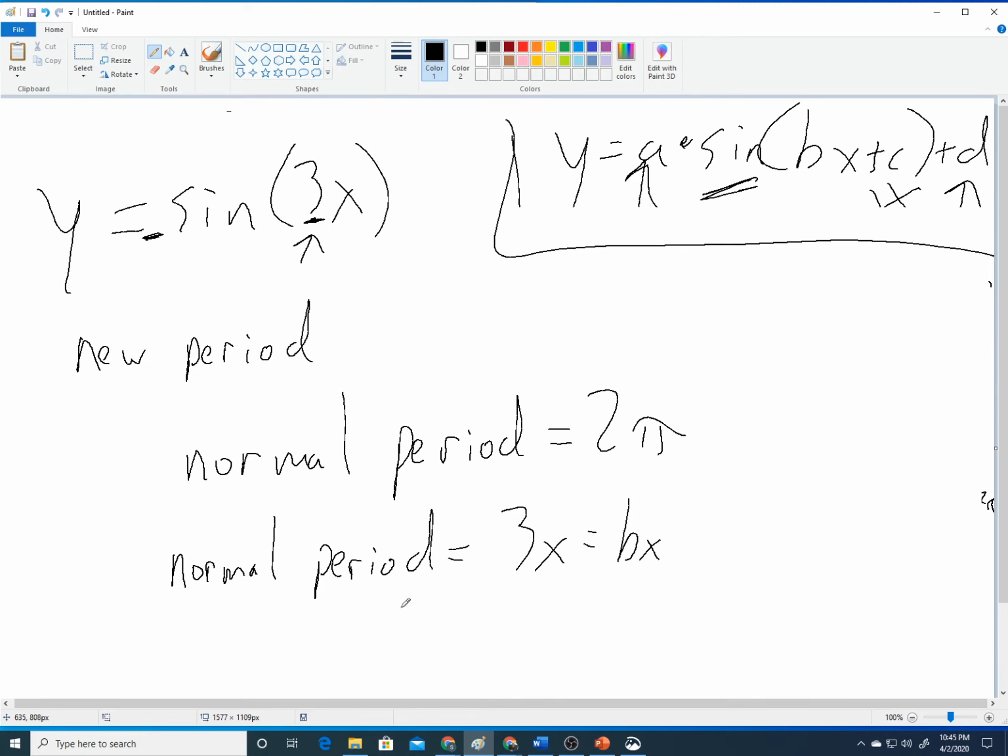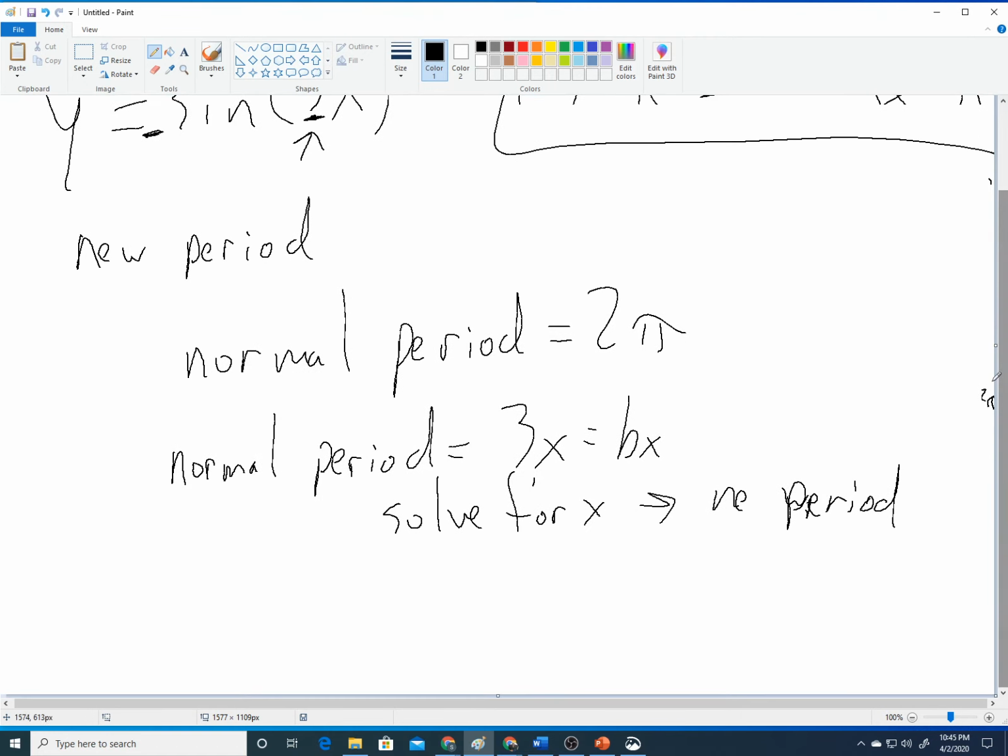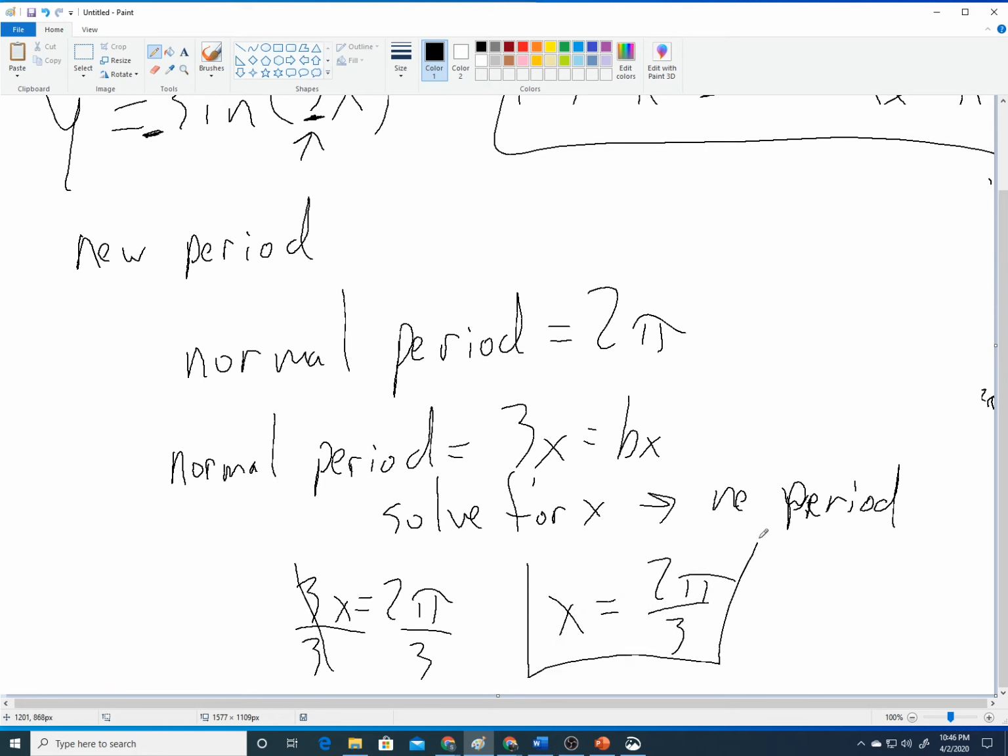And you're going to solve for x to get the new period. So we have 3x equals 2 pi, divide by 3, divide by 3. x equals 2 pi divided by 3 is the new period.